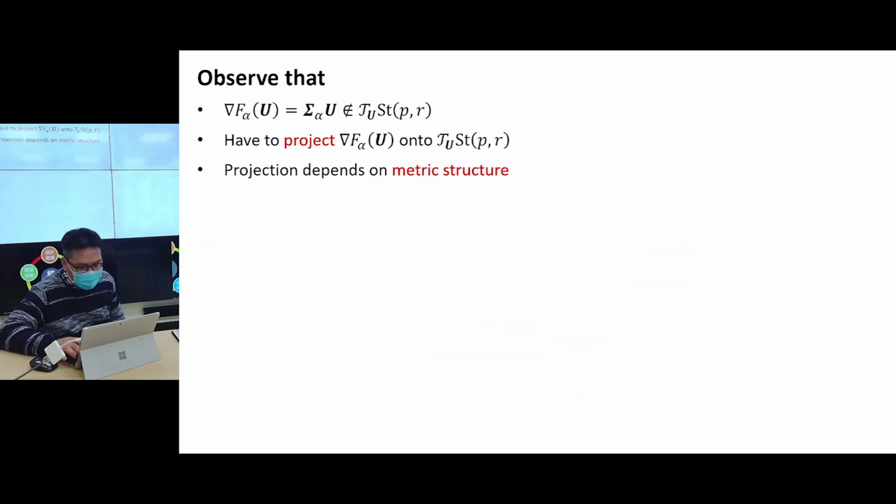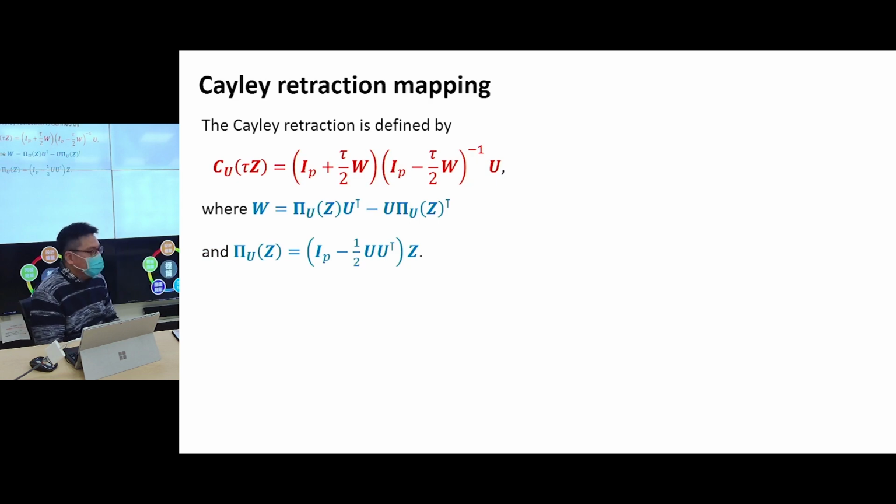Okay, our next step is to derive the curve on the Stiefel manifold. We derive the curve by the Cayley retraction mapping. What is the Cayley retraction mapping? The Cayley retraction mapping is a retraction, which means it maps from the tangent space to the Stiefel manifold. In this case, the Cayley retraction mapping is defined by this equation.